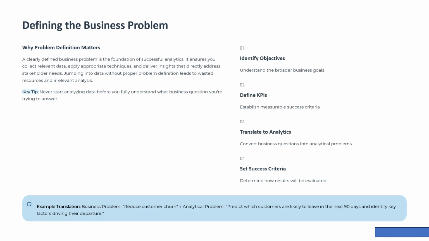For example, reduce customer churn. Predict which customers are likely to leave in the next 90 days and why. Fourth, set success criteria. Decide how you will measure results, like model accuracy or actual churn reduction. Never start analyzing without understanding the business question.